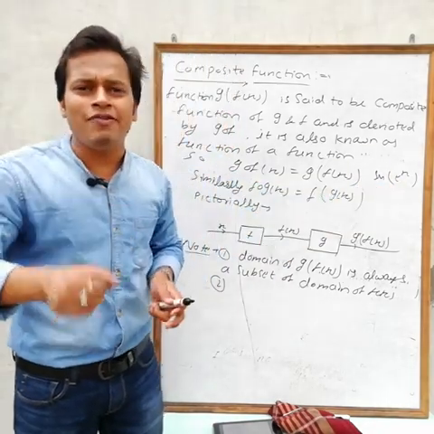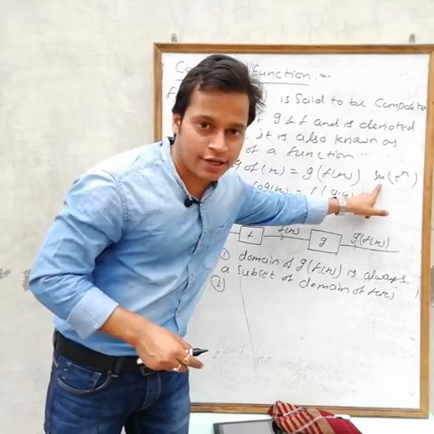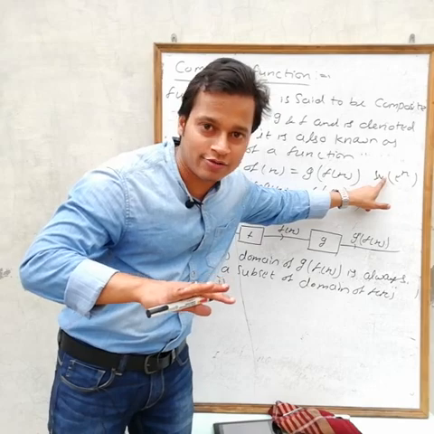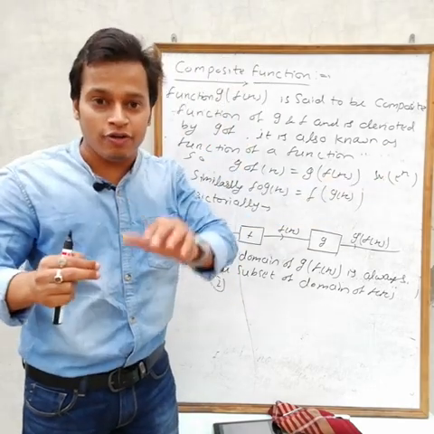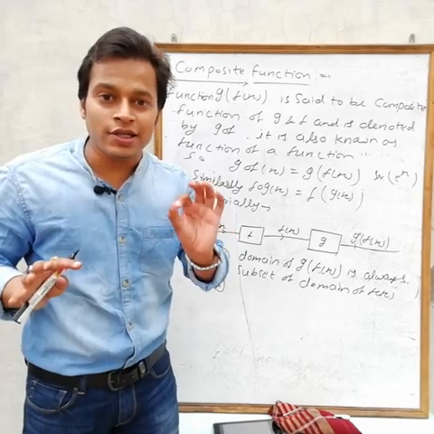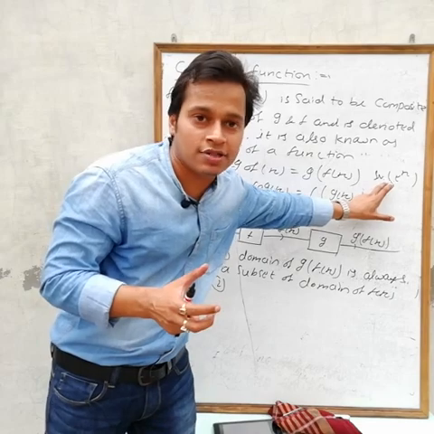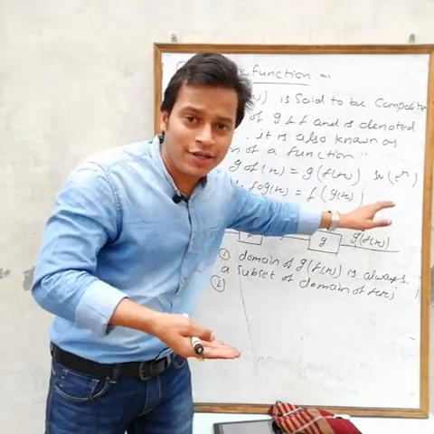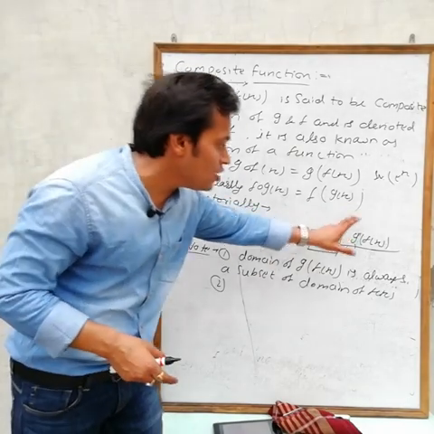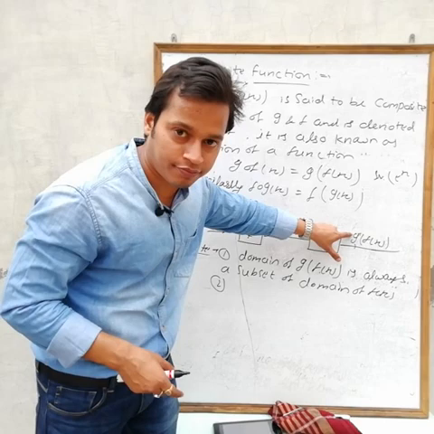So put any value of x, doesn't matter, but at the end you will get a value of sine, and sine can give you values from -1 to +1. Okay, it means one thing is clear, you can't get a value which is outside the range of sin x, because at the end the value is given by sine. So I can say that the range of g of f(x) is always a subset of the range of g.